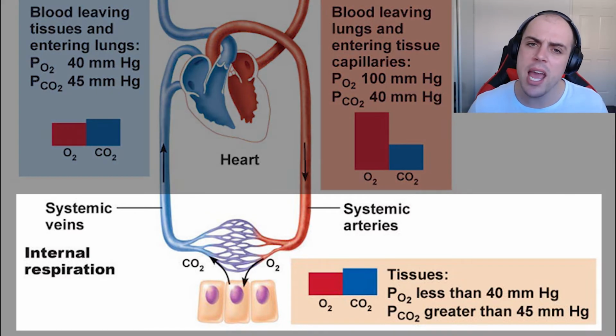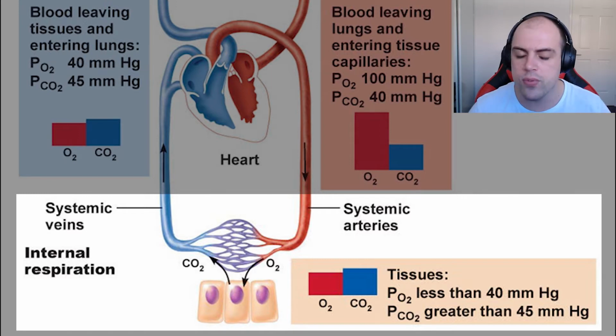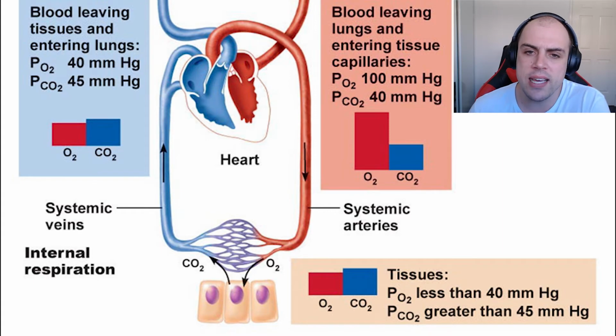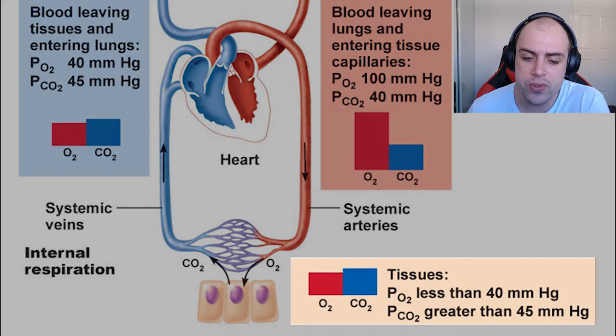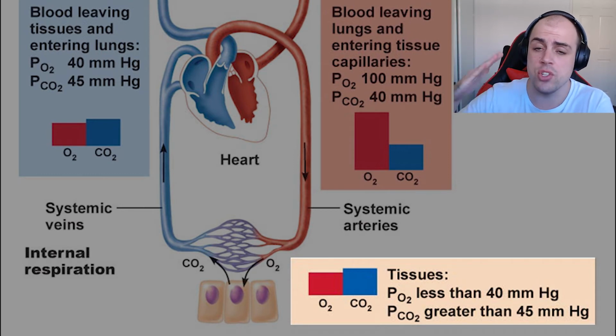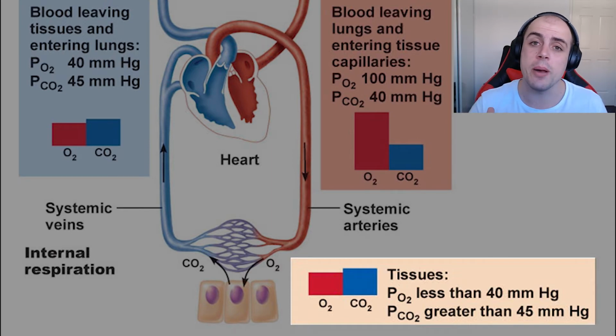Because again, that's the aim of the game here. We are trying to deliver oxygen and remove carbon dioxide from our tissues. So what we see here is that at the tissues, the partial pressure of oxygen is going to drop right down to 40 millimeters of mercury, and the partial pressure of carbon dioxide is going to jump up to 45 millimeters of mercury.